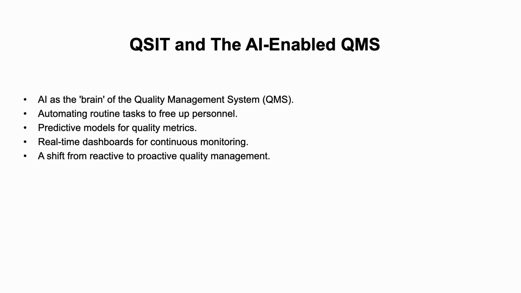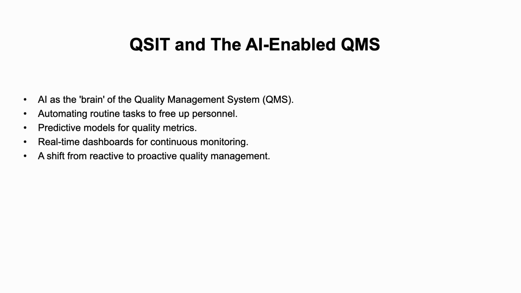This represents a fundamental shift from a reactive to proactive model of quality management. Instead of waiting for a problem to occur, a company can use AI to anticipate and prevent it. This proactive approach not only improves product quality but also streamlines compliance with QSIT principles, as a well-managed QMS is inherently more compliant.